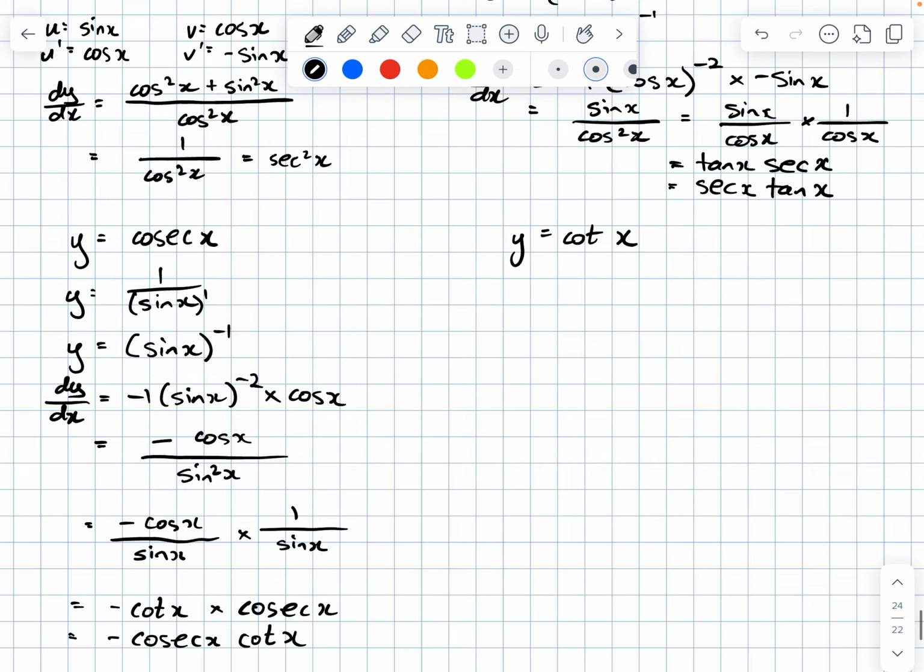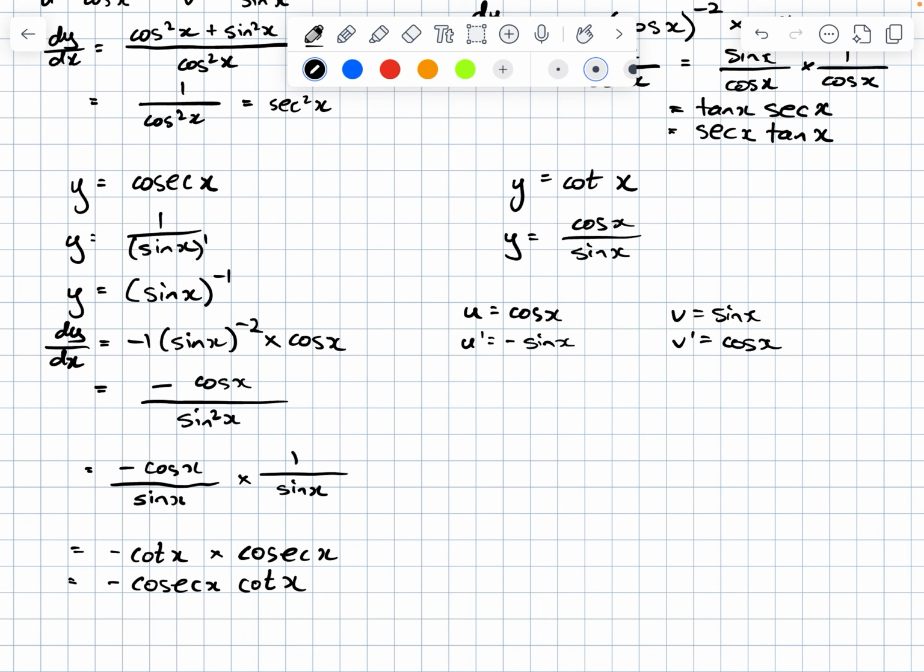Finally, cot x, this is very similar to tan. We're going to start by rewriting cot as cos x over sine x, and then we're going to apply the quotient rule. U is equal to cos x, so U dash is equal to negative sine x. V is equal to sine x, and so V dash is equal to cos x.